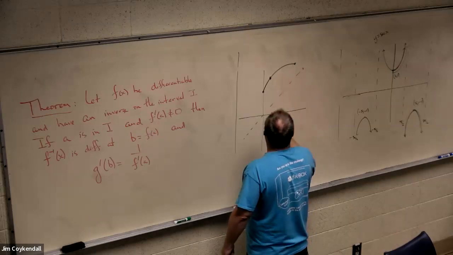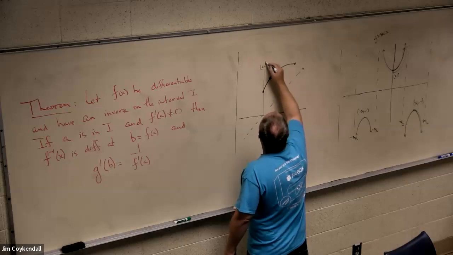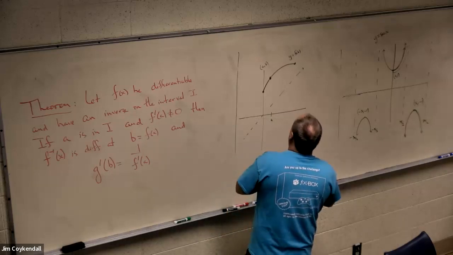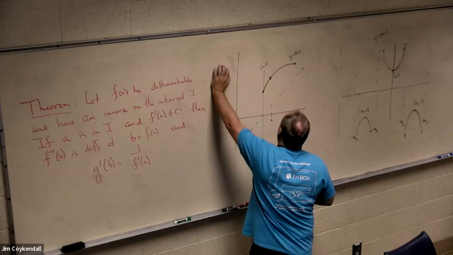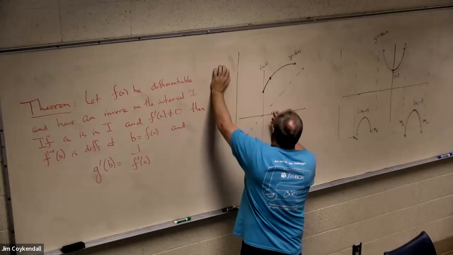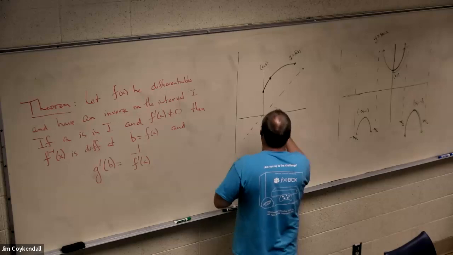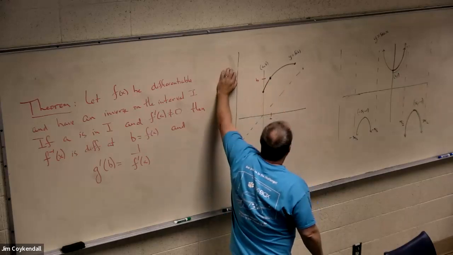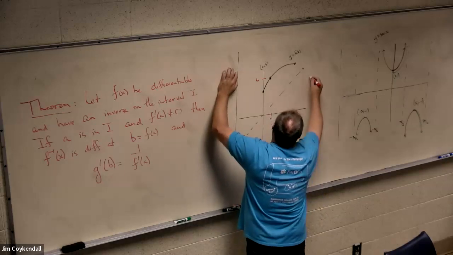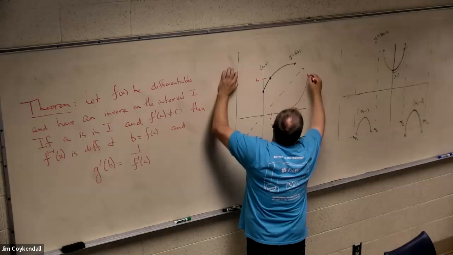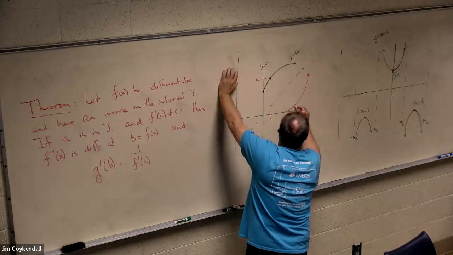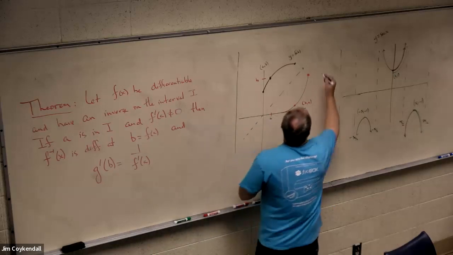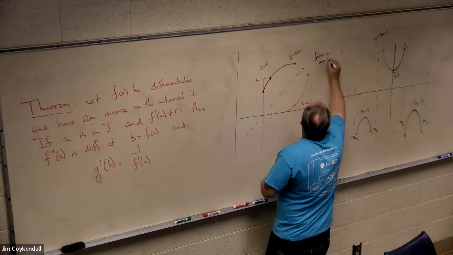Suppose this is a, so this is the point (a, b). Now the inverse function is something like this, and it has the point (b, a).